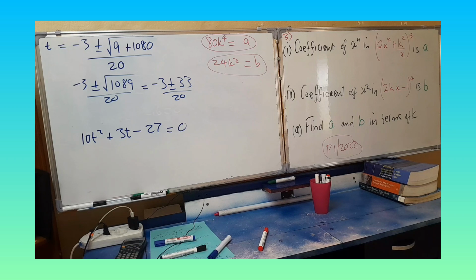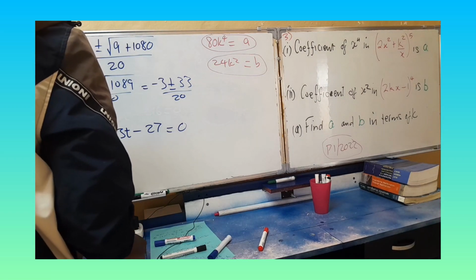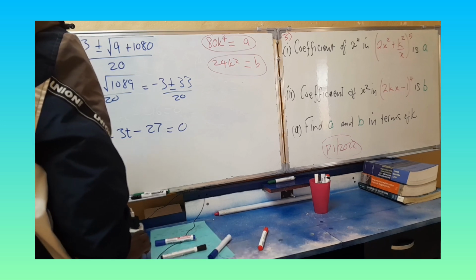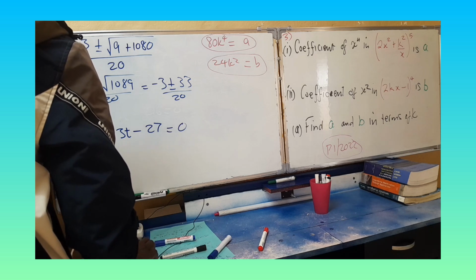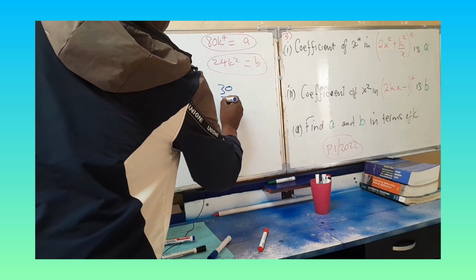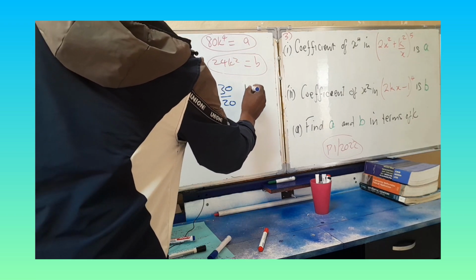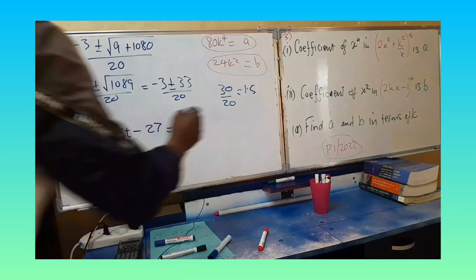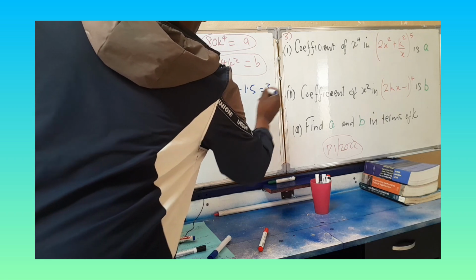That's a funny number, isn't it? So then we get 33 minus 3, which is 30 over 20, which is equal to 1.5, or let's write it as 3 over 2.